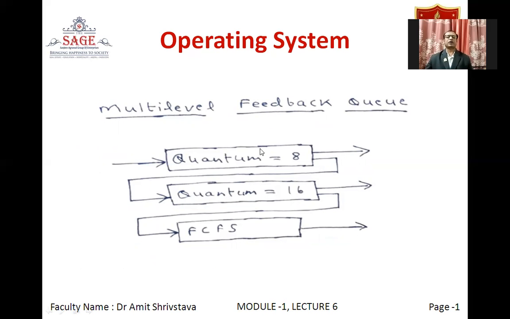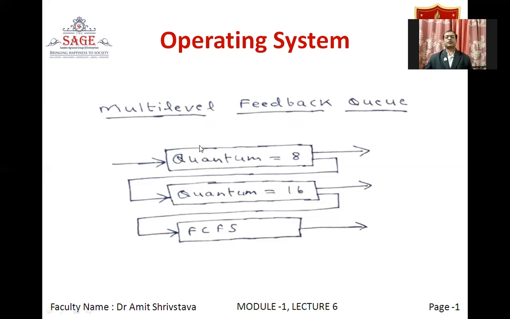Here we again have three queues, and the same property holds: the highest level queue has absolute priority over the lower level queues. It means the CPU will switch to a lower level queue only if the higher level queue is completely empty.